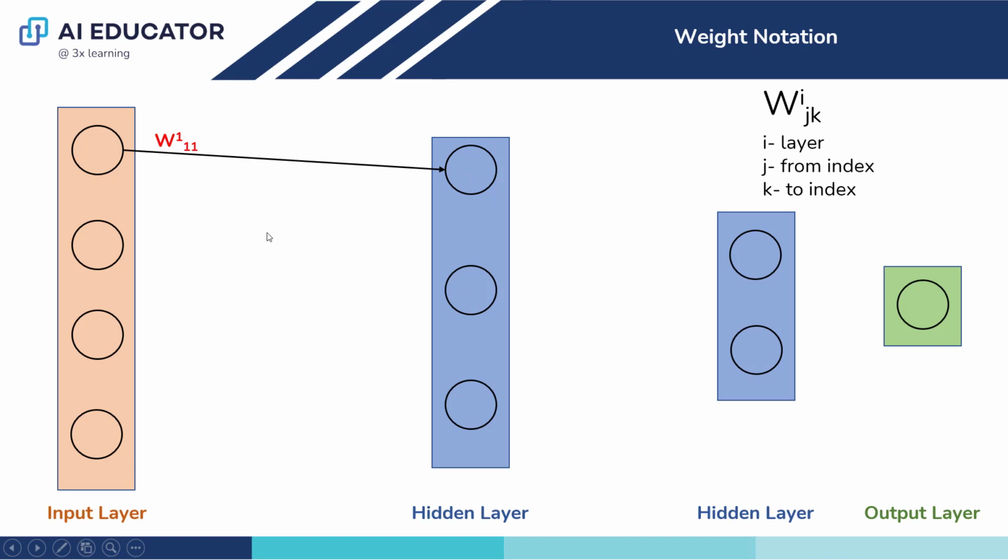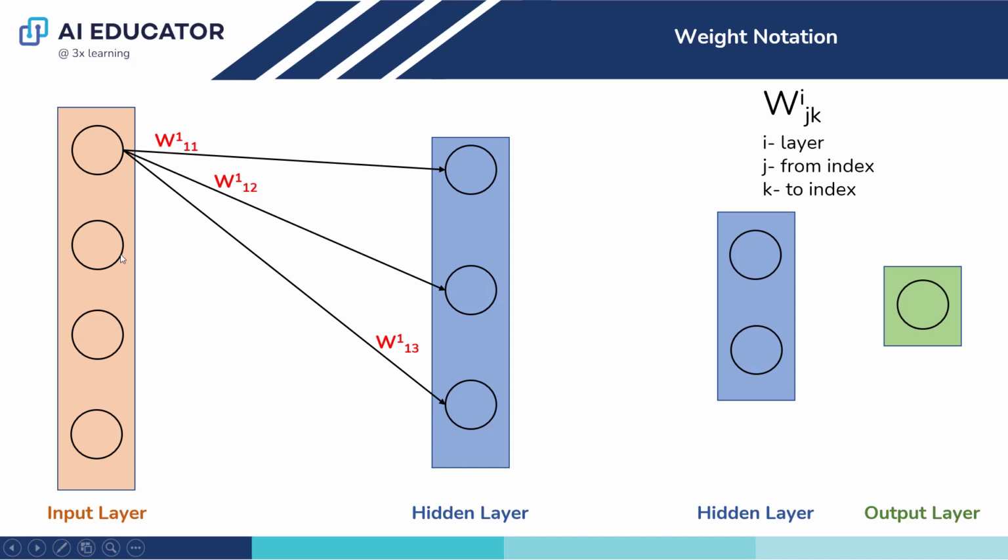Now for these 2 nodes, it will be W112 because this is the weight of the first layer and it is coming from the first node and going to the second node. Now the connection between these 2 nodes will be W113 because it is coming from the first node and going to the third node.